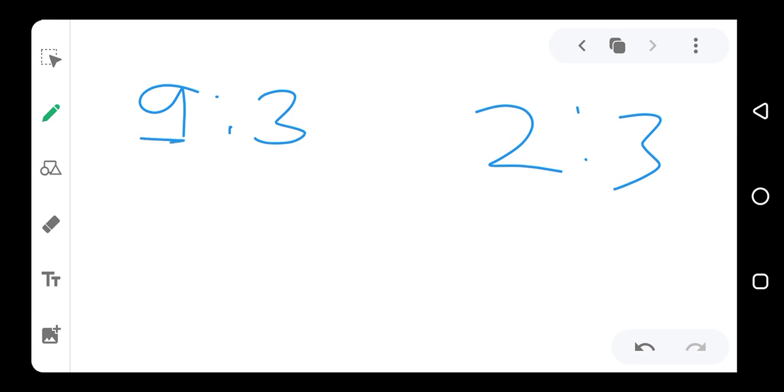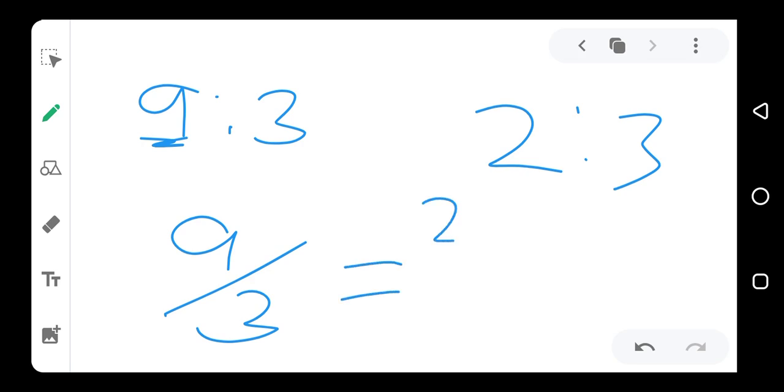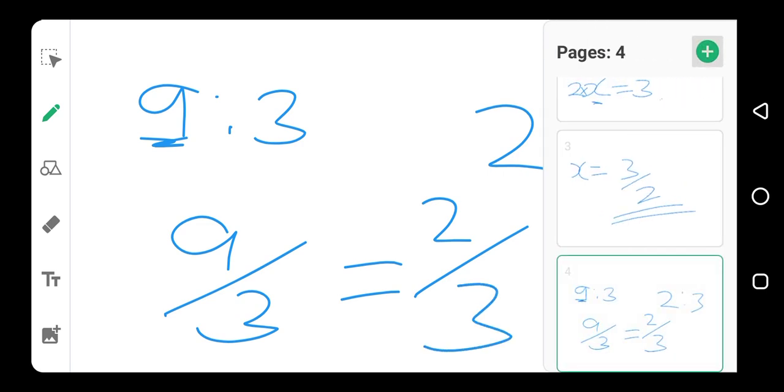This one is a. So we have that a over 3. We just put the ratios in fractional form. That is, we make it a fraction. Now a over 3 is equal to 2 over 3. Now with that, we do cross multiplication again.